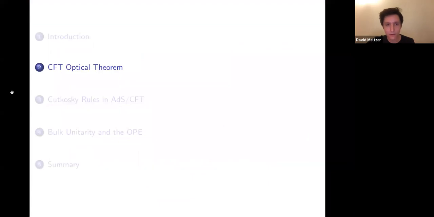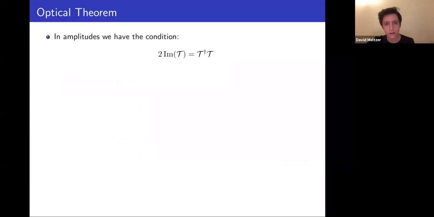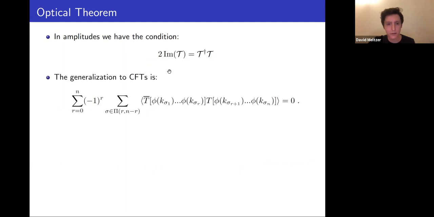So about this CFT optical theorem, what we want is a generalization of this condition on the S matrix. And I'll claim that the generalization is the following combinatoric identity relating different partially time-ordered correlators.